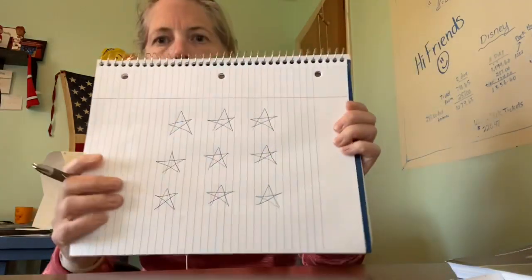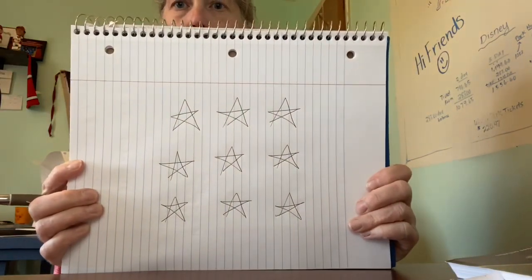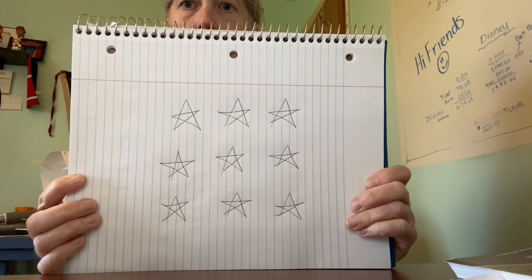When we have an array, it's just something that is arranged in equal groups. So equal rows of items and equal columns. So if I had a picture like this that has 6 stars on it, this would be an array.